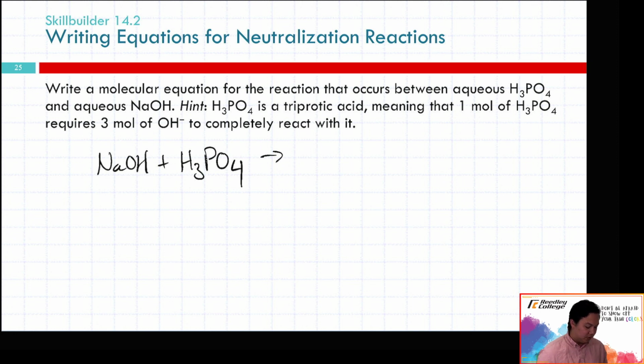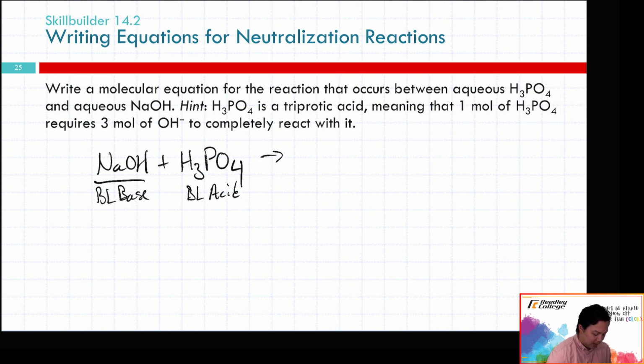So we're going to have a neutralization reaction because we have an acid and we have a base. H3PO4 is going to be our Bronsted-Lowry acid, and NaOH is going to be our Bronsted-Lowry base.